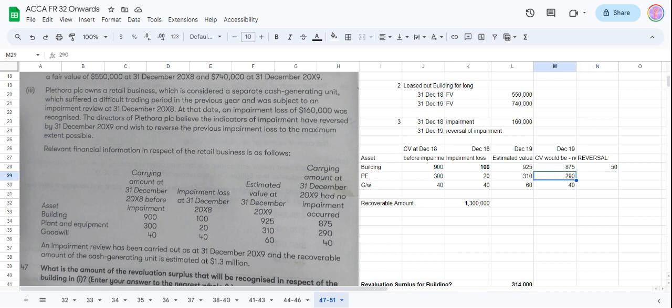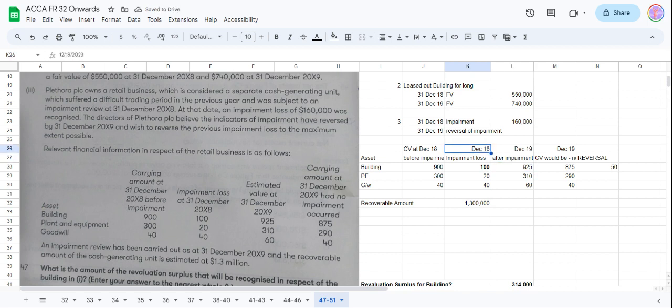The carrying amount after impairment is what we need to take, and the carrying amount had no impairment occurred. So we don't need to take this estimated value, although it is given in the question. We need to take the value after impairment.